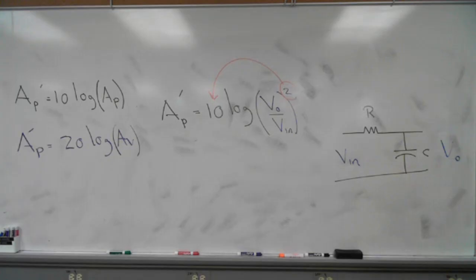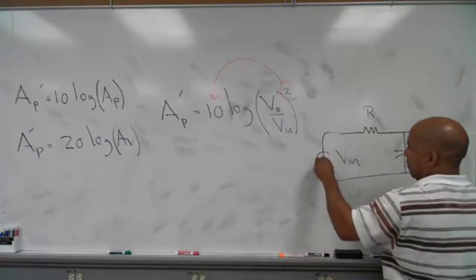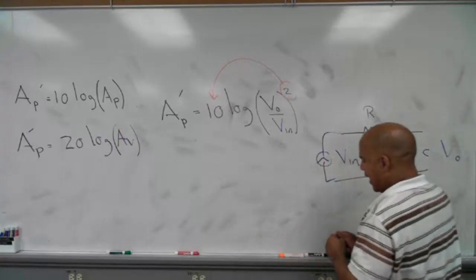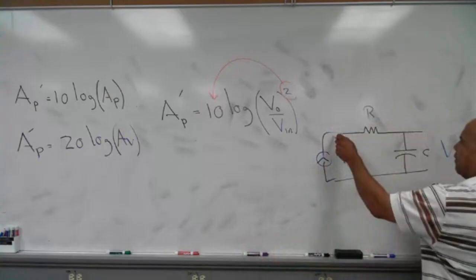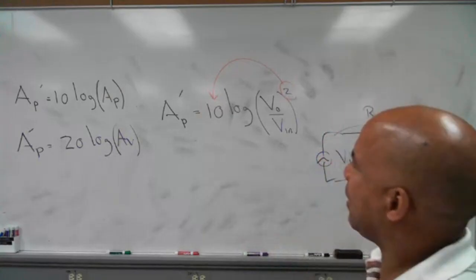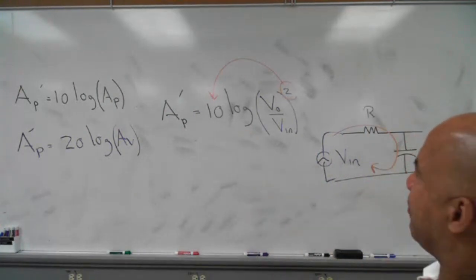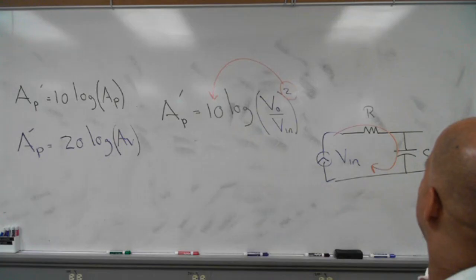This is my filter. And if I put a source over here, then I got current flowing into that circuit. So I'm trying to figure out how to derive this next one because I'm deriving this from just looking at the circuit, trying to make the math make sense.